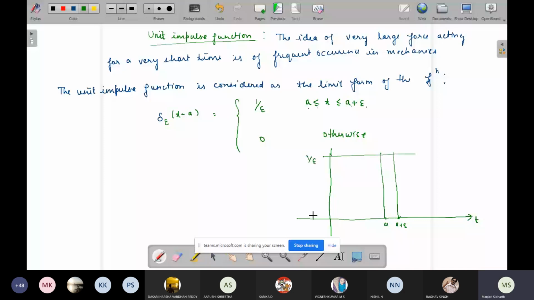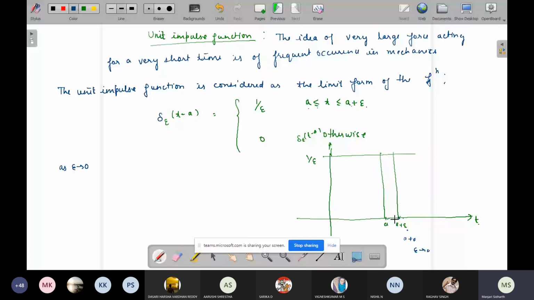Okay, t, and this function defined on the y-axis is delta epsilon t minus a. Now you can see that as epsilon tends to 0, these 2 points, a and a plus epsilon, come together. That means this point is approaching a, approaching a, that means the difference between a and a plus epsilon is becoming 0, or it is becoming only 1 point.